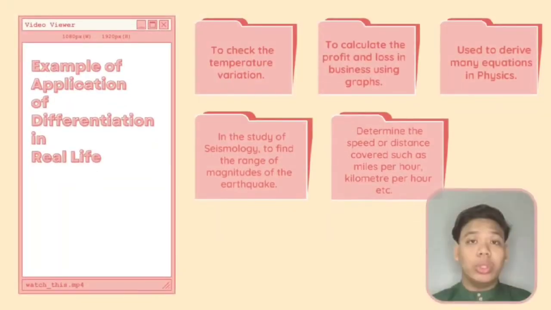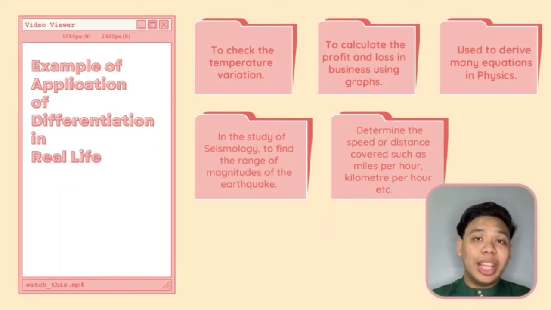Here, I would like to give examples of the application of differentiation in real life. Firstly, it is used to check temperature variation. Secondly, it is used to calculate profit and loss in business by using graphs. Thirdly, it is used to derive many equations in physics.